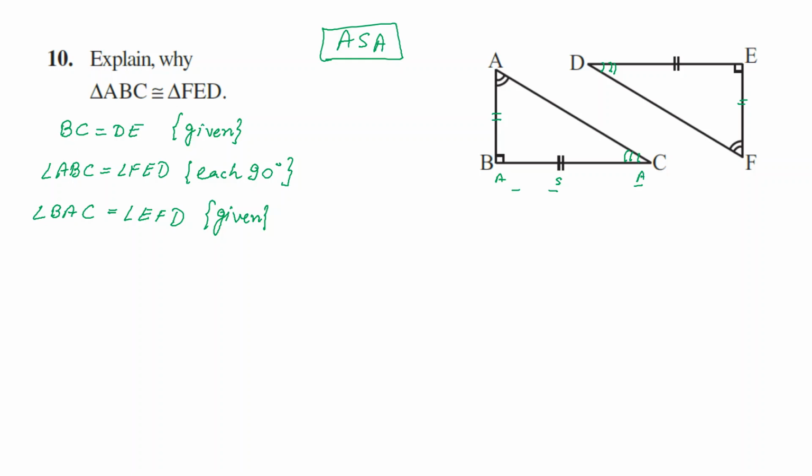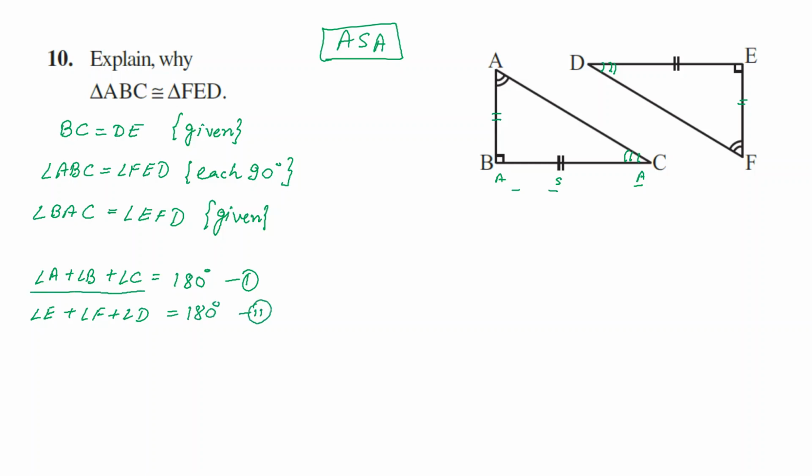So for any triangle we know that the sum of all the angles is 180 degrees. So for triangle ABC we can write angle A plus angle B plus angle C is equal to 180 degrees. And from triangle FED also we can write angle E plus angle F plus angle D is also equal to 180 degrees.